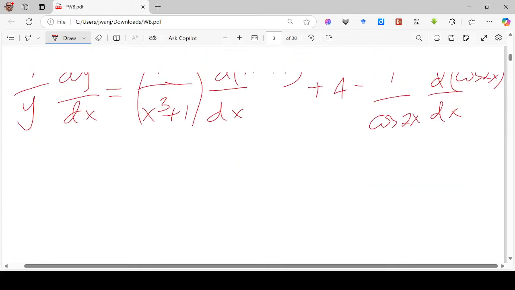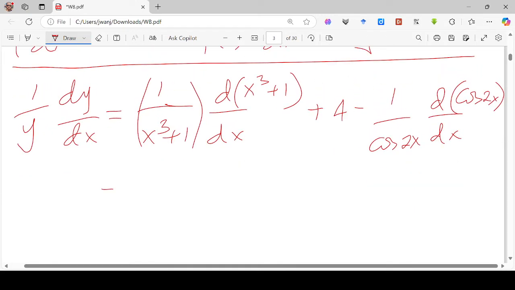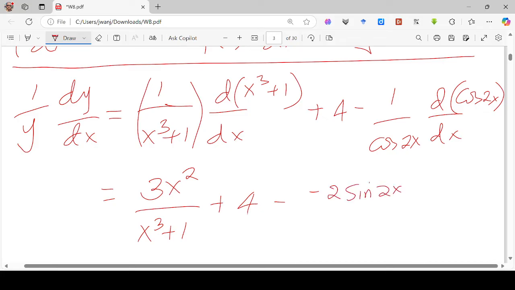So we can now differentiate. If you differentiate x cubed plus 1, we get 3x squared. So that the first term here becomes 3x squared divided by x cubed plus 1. Then we have plus 4, then minus, the derivative of cosine of 2x is minus 2 sine of 2x. So this is multiplied by 1 over cosine of 2x.